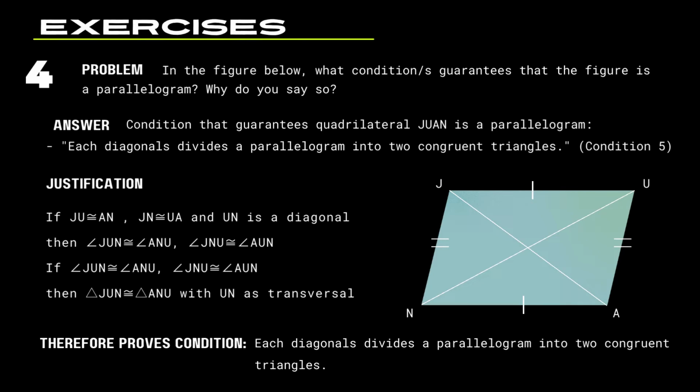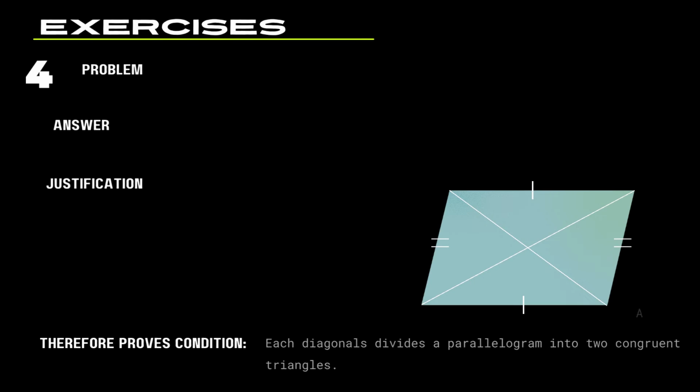Therefore, condition 5 guarantees quadrilateral 1 is a parallelogram. Okay? Just go back to this if you didn't understand anything. If you didn't understand what I'm trying to say, just go back and repeat what I just said.